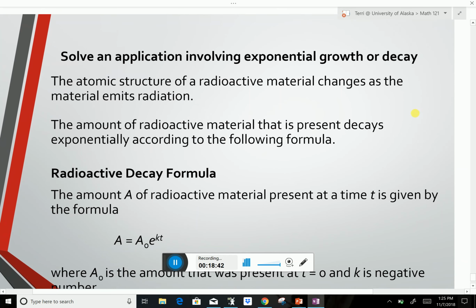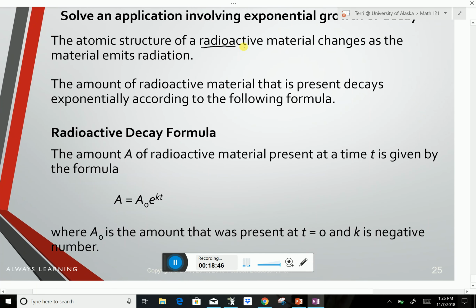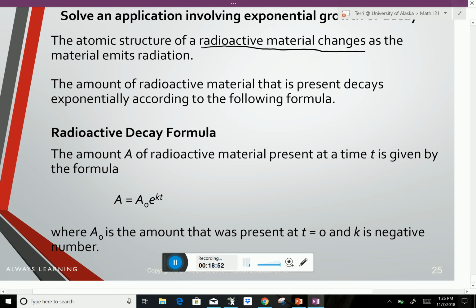So let's do another application problem. A lot of times we use radioactive material, and we're not really going to do that. We're actually going to do coffee. As the material emits radiation, the amount of radioactive material that is present decays exponentially according to this formula.